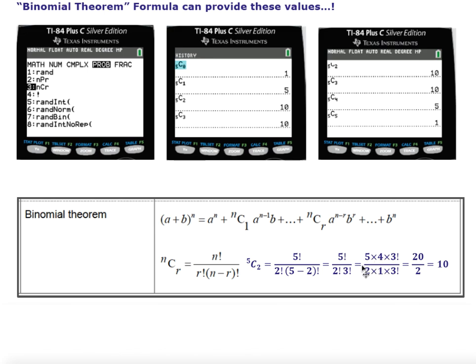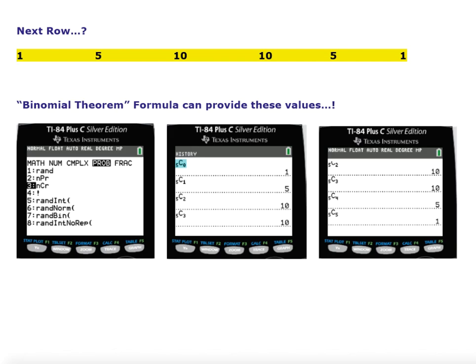You don't need to take it all the way down, because once you get 3 factorial here, which of course means 3 times 2 times 1, you can just say, if you had like a paper 1 context, that 5 times 4 times 3 factorial is the best way to think about that, because these guys would cancel. And then, as it turns out, 20 over 2 accounts for your 10. So it ties together. These numbers that were provided by Pascal's triangle, as Pascal's triangle unfolded for us, right?